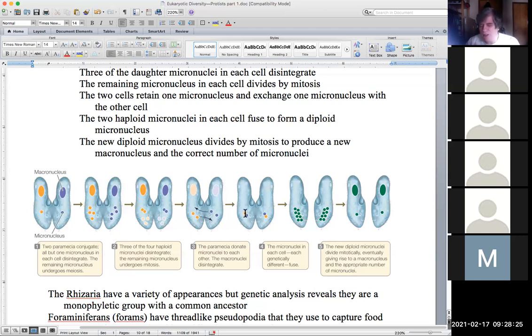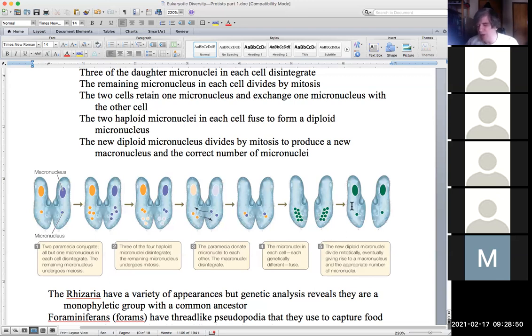And once this micronucleus is diploid, now it divides and it makes a macronucleus and it makes more micronuclei. Different types of paramecium, different species have different numbers. So it makes whatever the appropriate number is for this particular species.